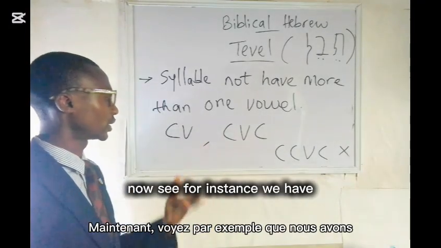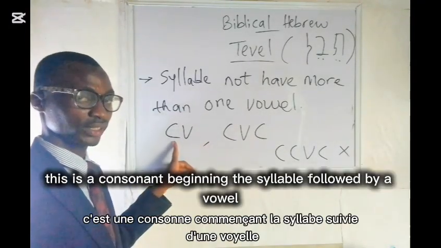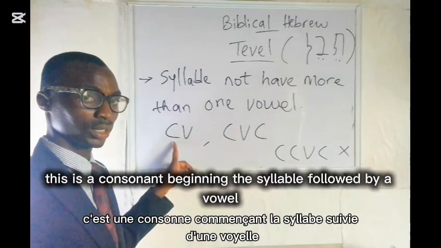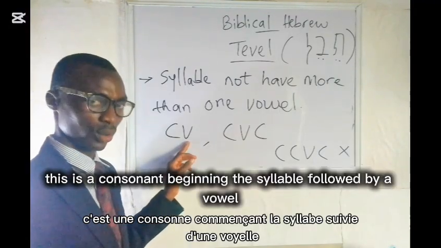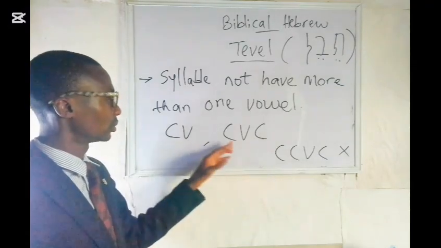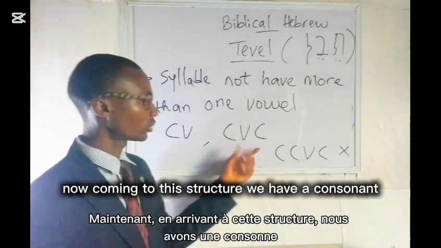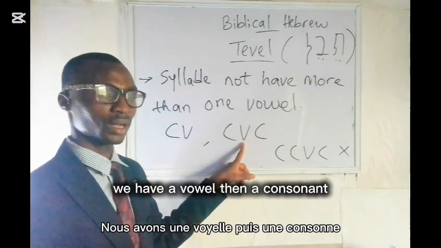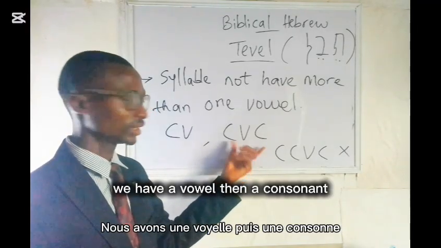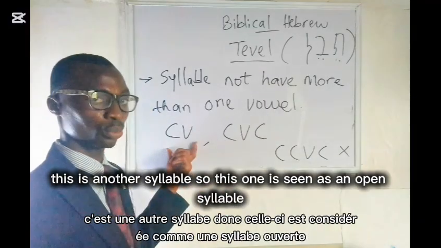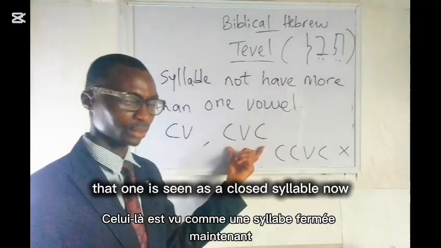Now see, for instance, this is a consonant beginning the syllable followed by a vowel. This is a syllable. Now coming to this structure, we have a consonant, we have a vowel, then a consonant. This is another syllable. So this one is seen as an open syllable, that one is seen as a closed syllable.